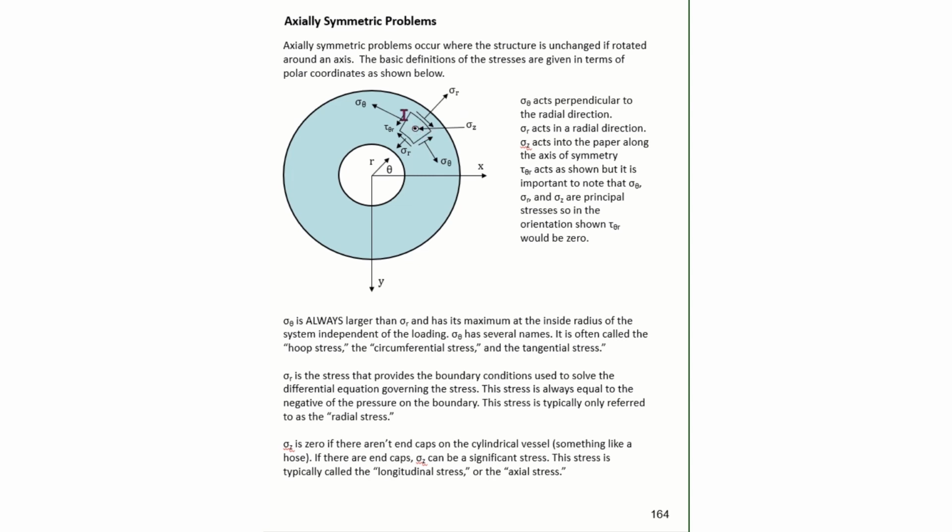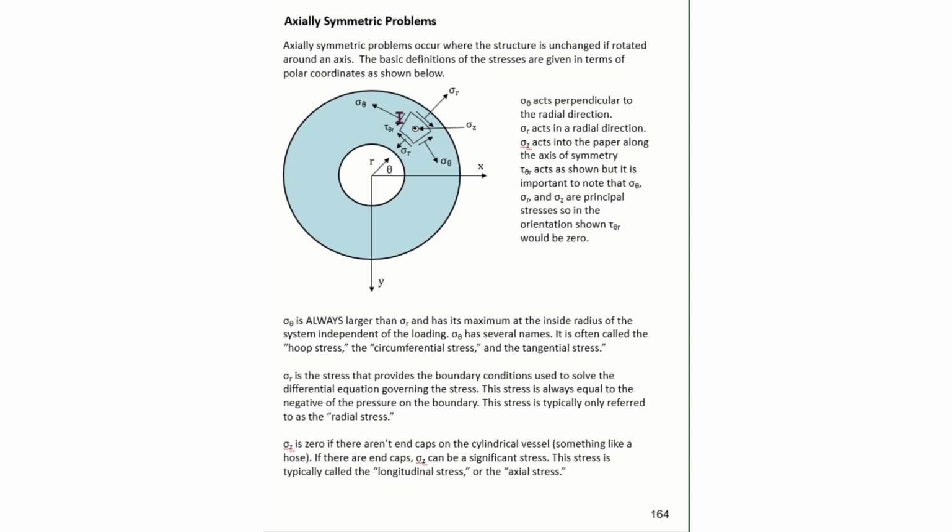The other stress shown here is sigma theta, and sigma theta acts perpendicular to the radial direction. Here I'm showing this element as finite, and so the sigma theta would be perpendicular to that plane and perpendicular to this plane. If this were a differential element, the sigma thetas would essentially be in opposite directions.